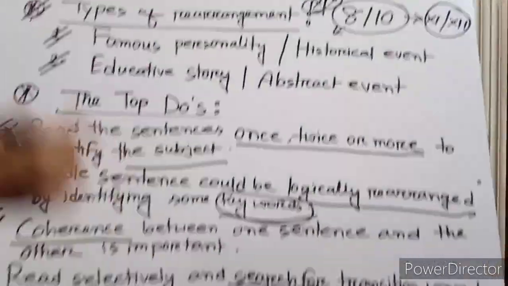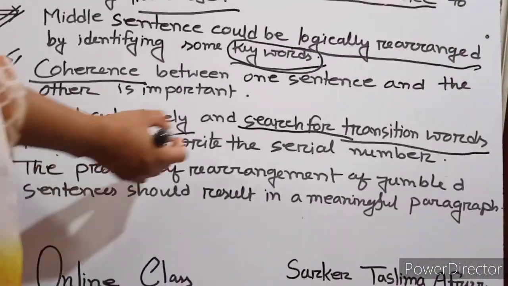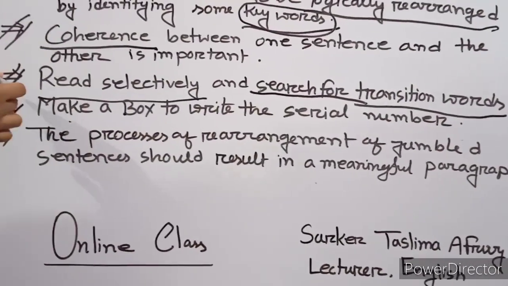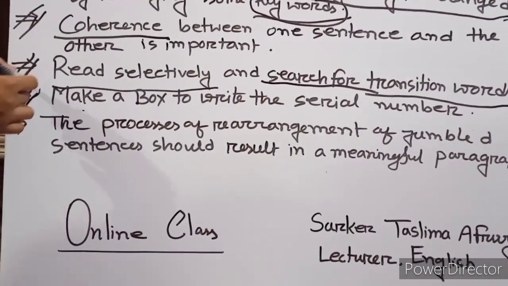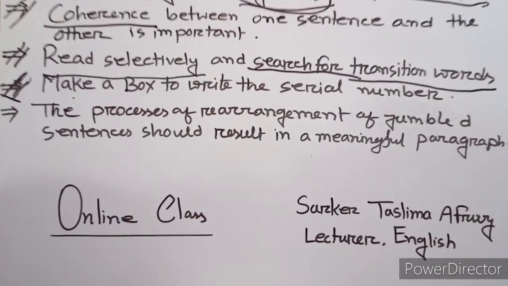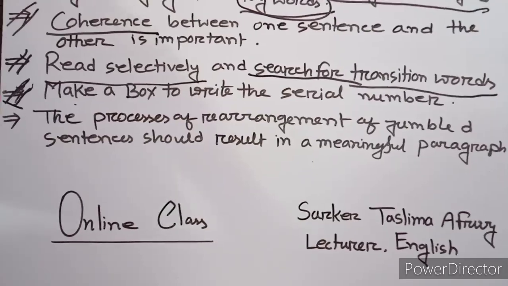But the process is the same. So you have to write the serial number in the box. It is very important. Without this, you will not get good marks. Definitely you will not get the marks in sentence rearrangement.